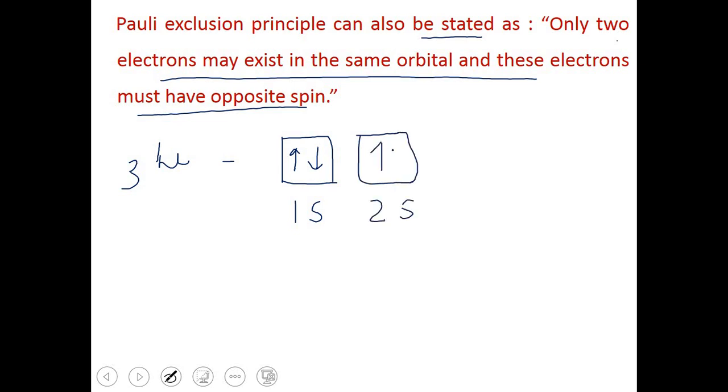So we have discussed the first electron and the second electron. Both electrons were present in the 1s subshell only. They had all three quantum numbers identical, but the only difference was in the value of their spin quantum number. So I hope this point is clear to you.